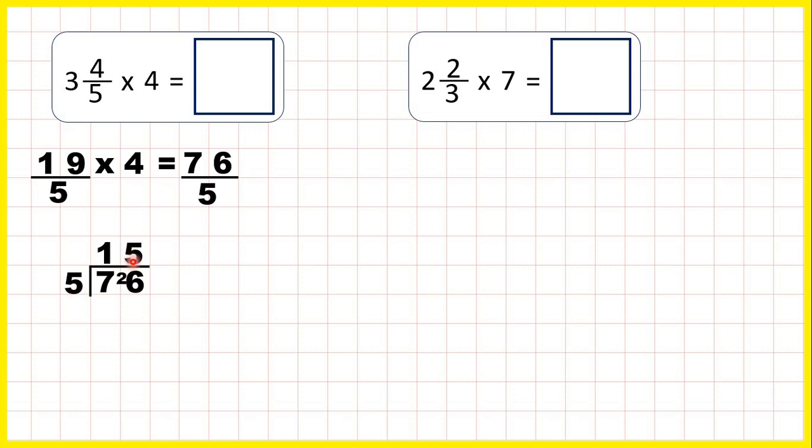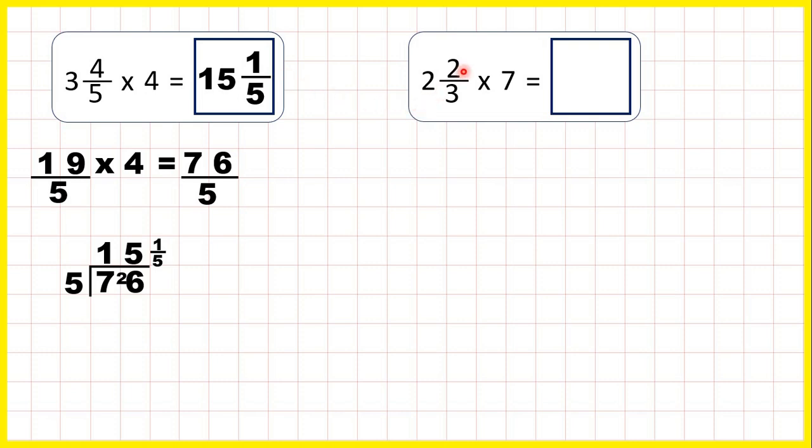So we can write 5, the remainder 1 as our numerator, and the denominator stays the same, stays 5. So 3 4/5 times 4 is 76/5, or 15 1/5.